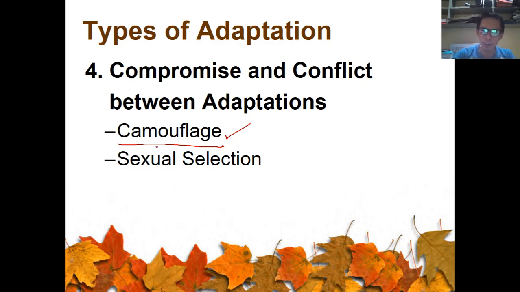That's why there are some organisms that underwent sexual selection. So what we have in this particular type of adaptation is that the organism will need to adapt in order to increase its chances for survival, by blending into the environment and by selecting a particular mate in order to inherit that dominant gene or dominant trait that they need.